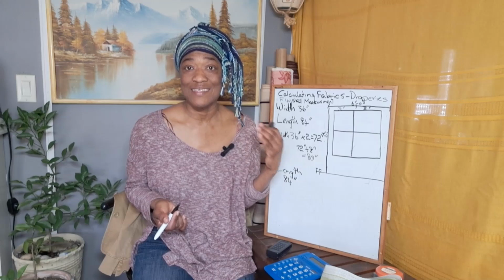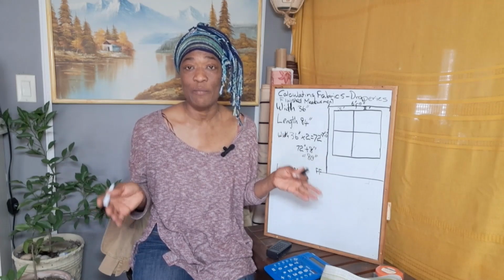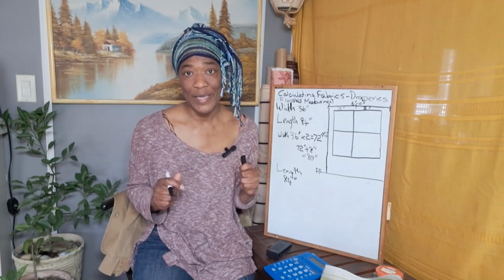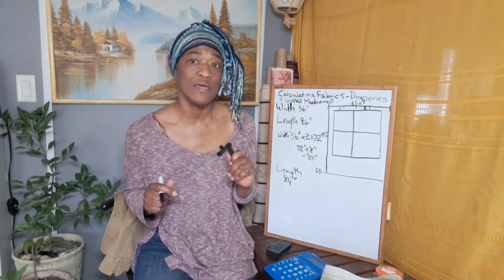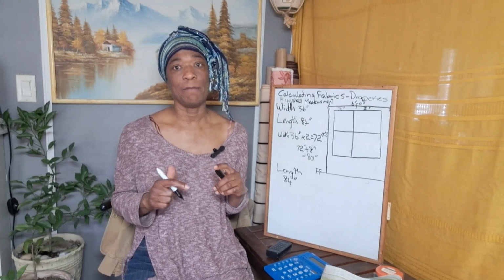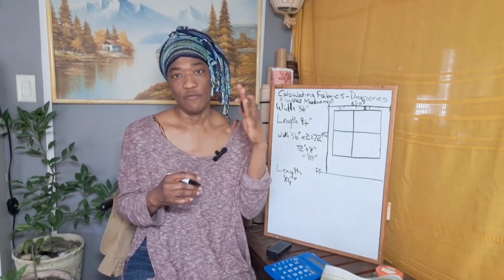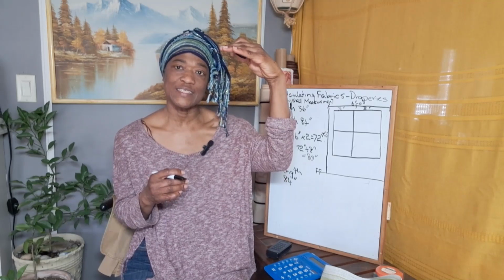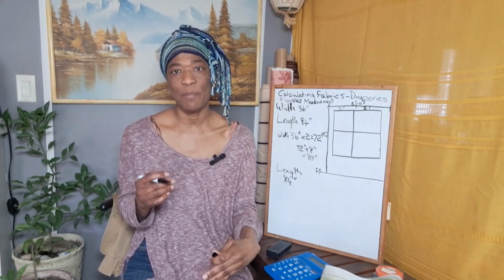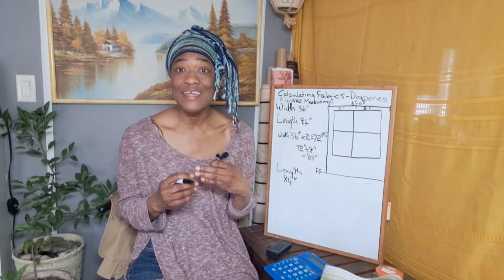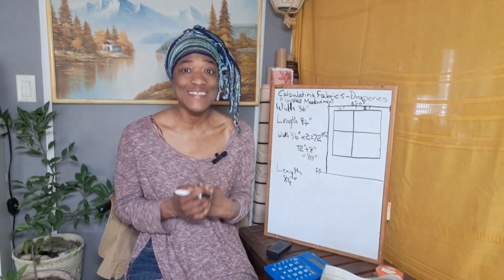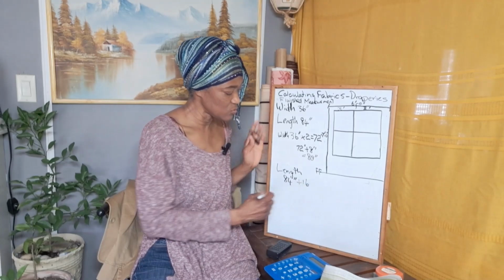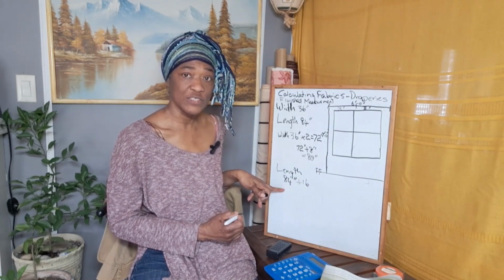But in the lesson that we calculated the fabric, we did a 4-inch double hem. So we'll go ahead and use a 4-inch double hem here. And a 4-inch double hem means that you fold your fabric 4 inches twice, which means that you would have 8 inches at the top and 8 inches at the bottom, which means that it's 8 times 2, which is 16 inches. So we'll add 16 inches to the 84 inches here.